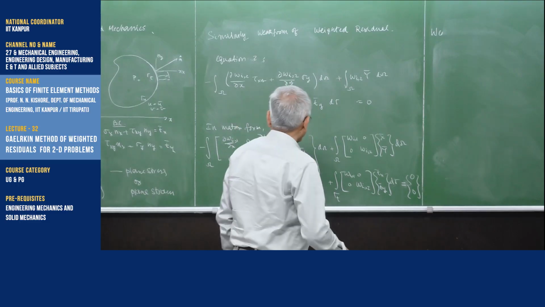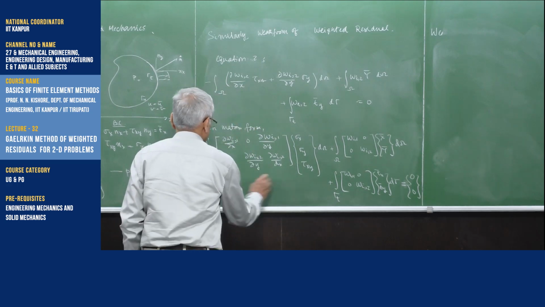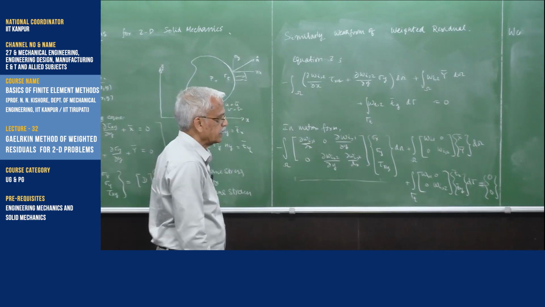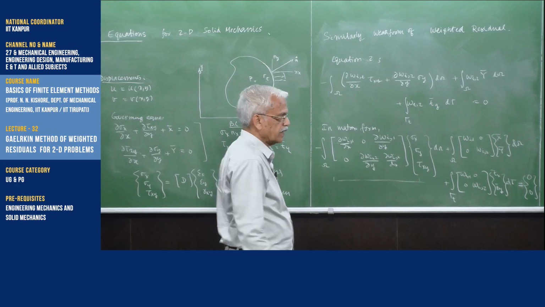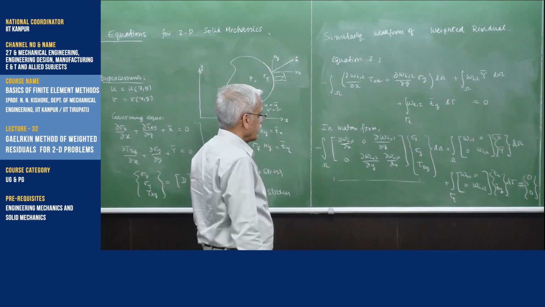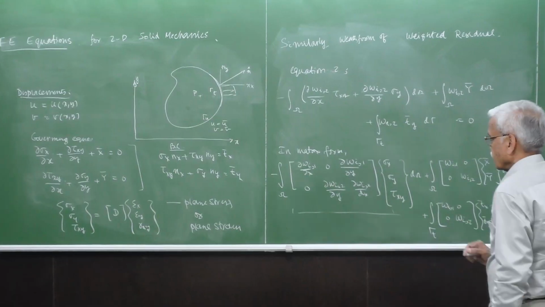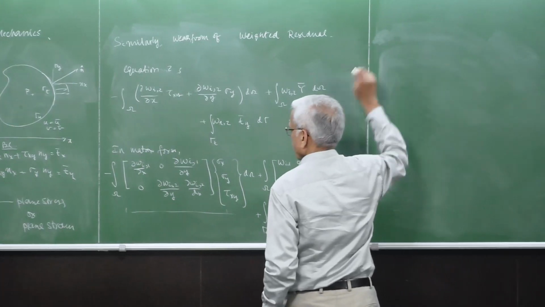Okay, so now once we have this, interestingly this first one is the one which is going to lead to the K matrix, and the other two can be taken to the right side, and they will become F vectors. Okay, so let me just put that.